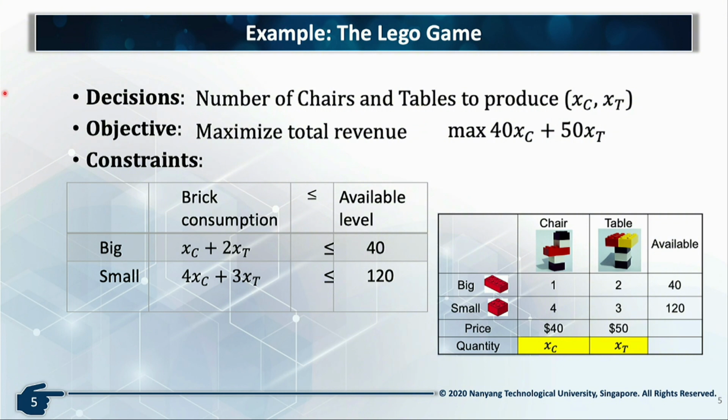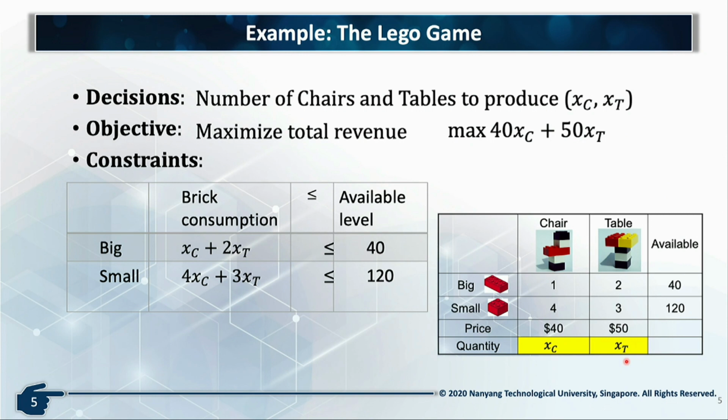Now, let me take the big brick as an example. So we know producing one chair will consume one big brick, and producing one table will consume two big bricks. Then producing XC number of the chairs and XT number of tables will consume 1 times XC plus 2 times XT in total, right? That is the total consumption of big bricks when producing XC number of the chairs and XT number of tables.